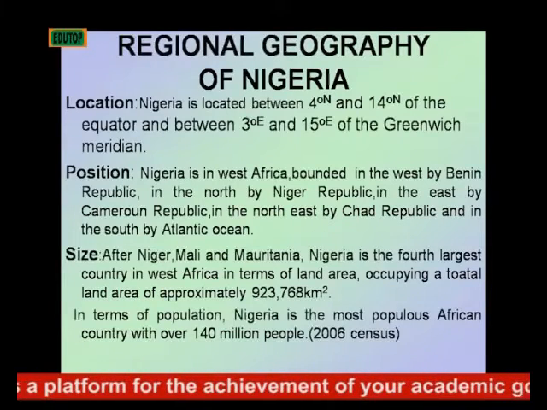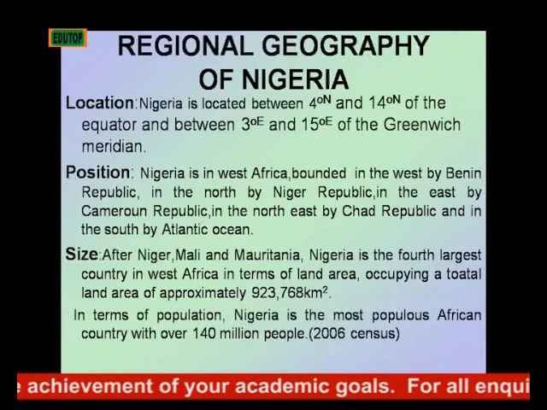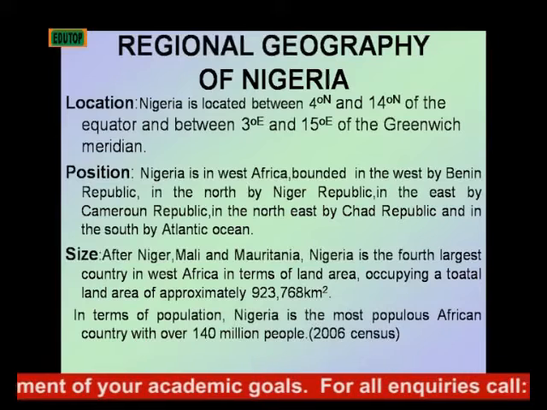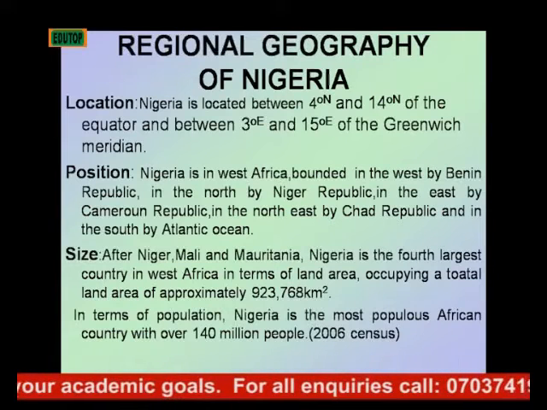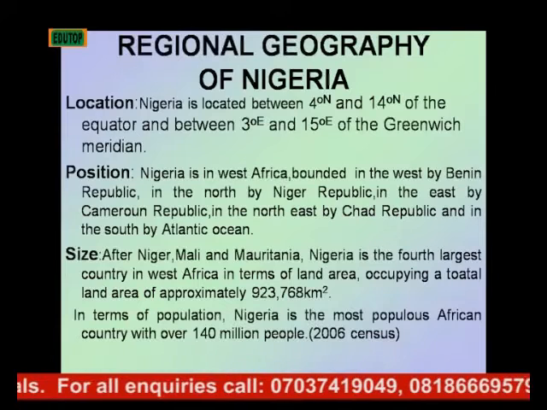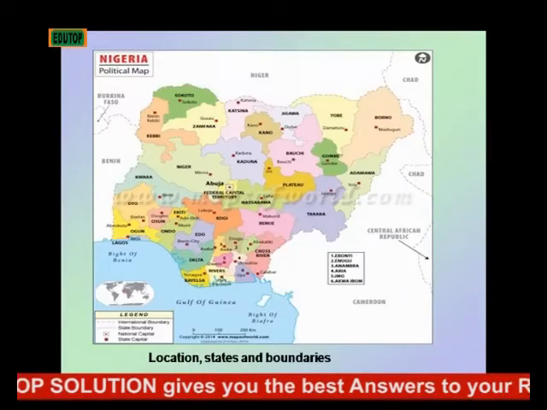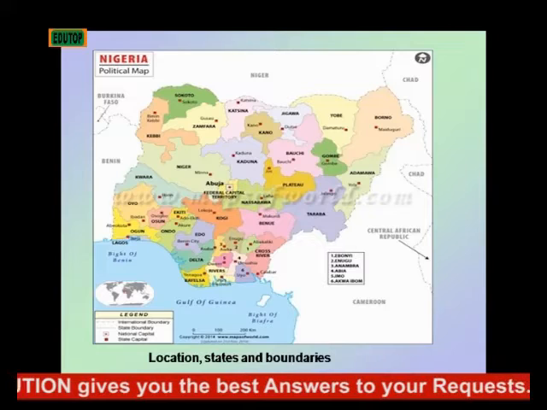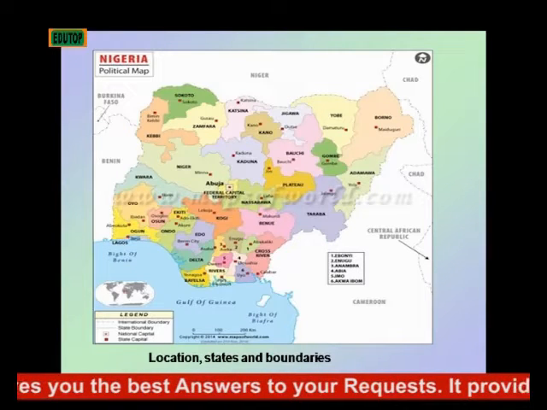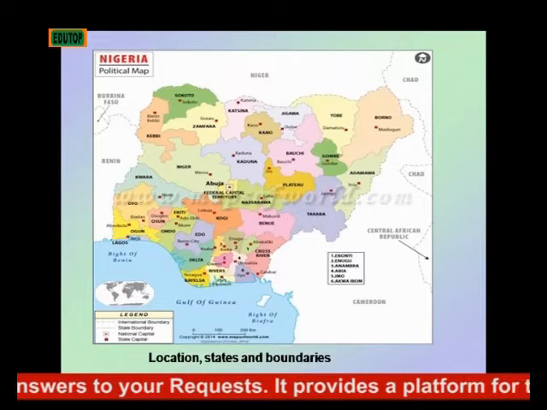However, in terms of population, Nigeria is the most populous African country with over 140 million people. This is in accordance with the 2006 National Population Census conducted in Nigeria. Now, here is a map showing the position and various boundaries of Nigeria.